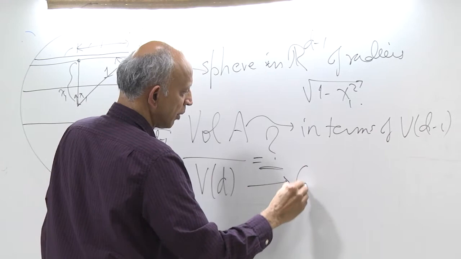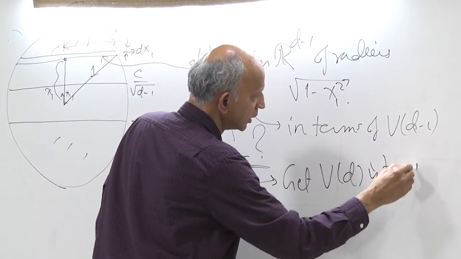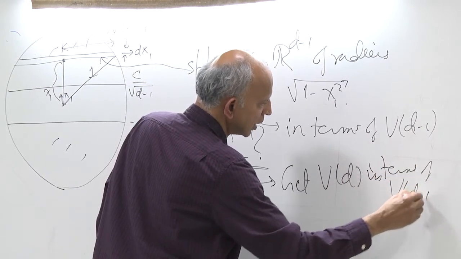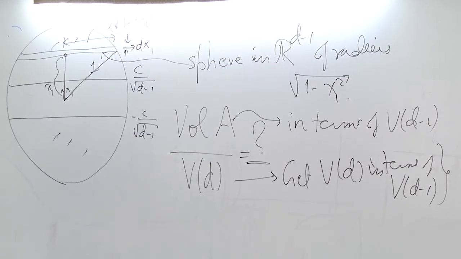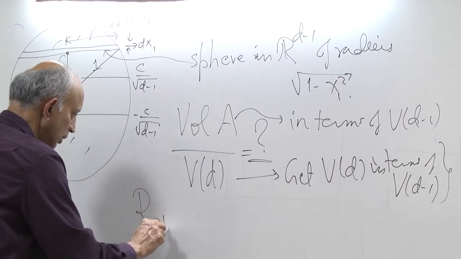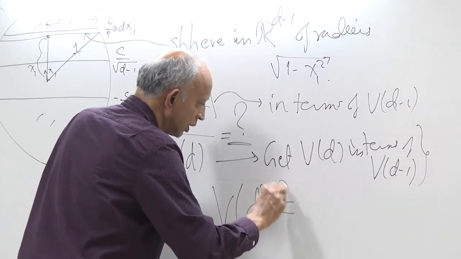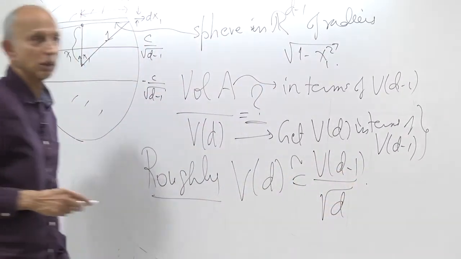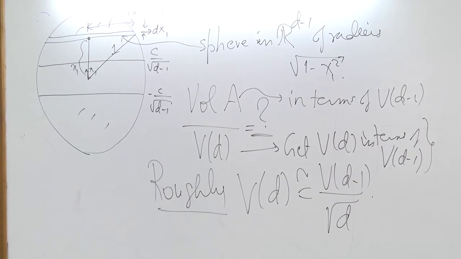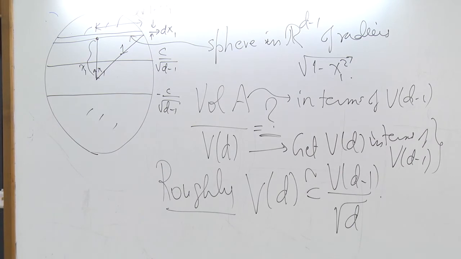And my object now is to get V(d) in terms of V(d-1). Roughly, V(d) is V(d-1) over square root of d, because we lose a square, the volume is d to the d over 2 in the denominator, so you lose the square root of d each time. So that's what roughly is true, but we'll prove that.